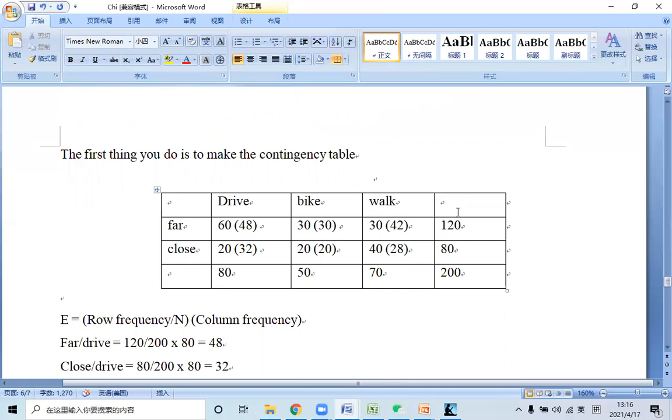Altogether, you have 120. For people who live close by, 20 would drive, 20 bike, 40 walk. The total of those people who live close by is 80.